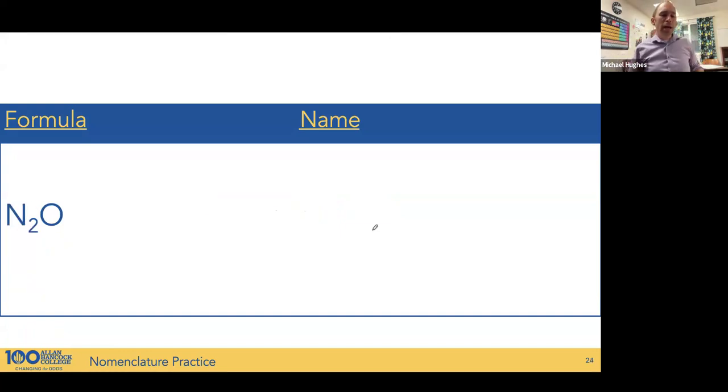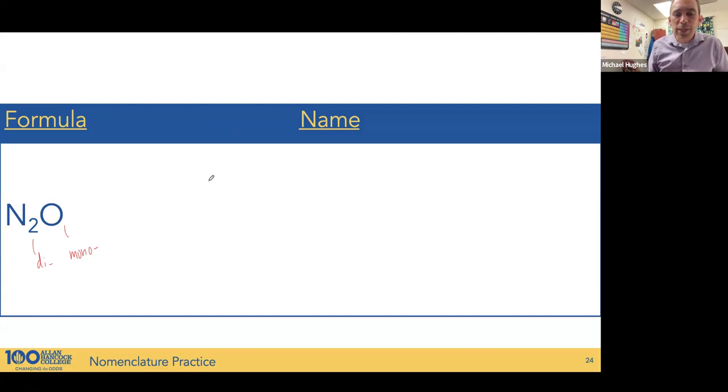Is there a metal? N2O? No, there's not a metal. So we're going to be using the prefixes. Nitrogen, there's 2 nitrogens, so we'll be using the di prefix. 1 oxygen, so we'll be using the mono prefix. Now remember, we only drop mono when the first species is mono. If the second species is mono, we keep it, or subsequent species, if they're mono, we keep it.